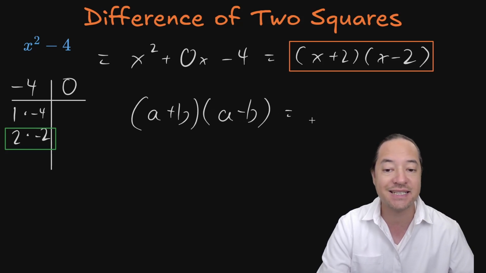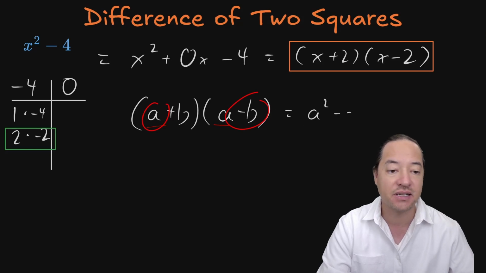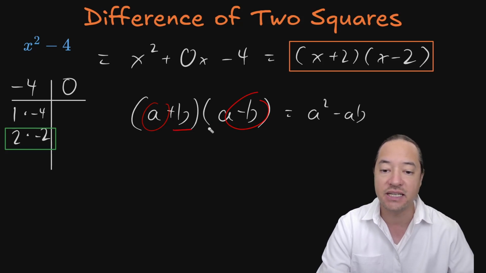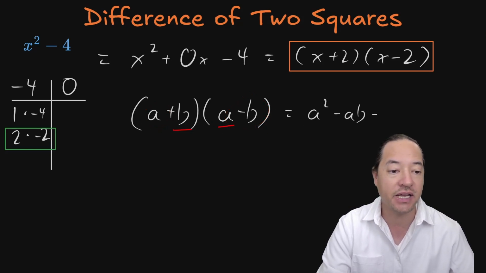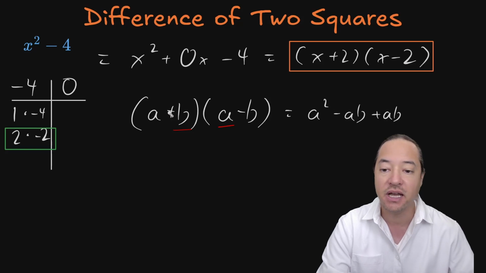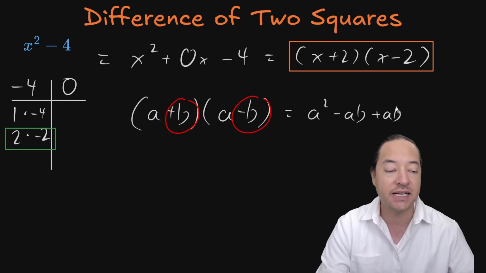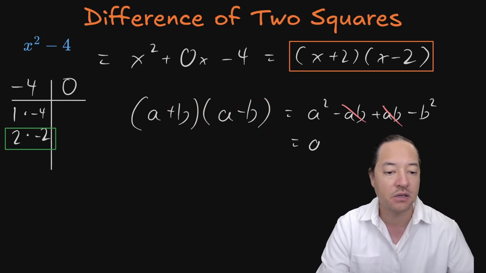Well, if you FOIL this out, you get an a squared. Outer times outer would be minus ab, and then inner times inner would be plus ab, and finally b and a negative b would be a negative b squared. These two middle terms cancel out, and so we're left with a squared minus b squared.